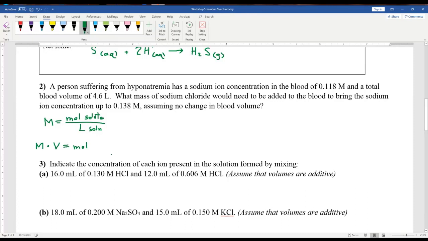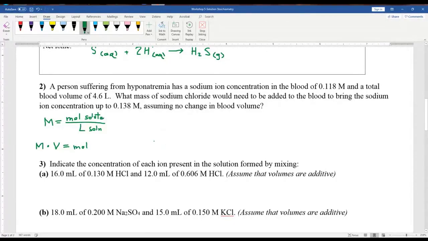There is a case that happens a lot in chemistry where we dilute solutions. All we do to a solution is add water. If we add water to a solution, do we change the number of moles of solute present? No. Exactly. You don't change the number of moles.